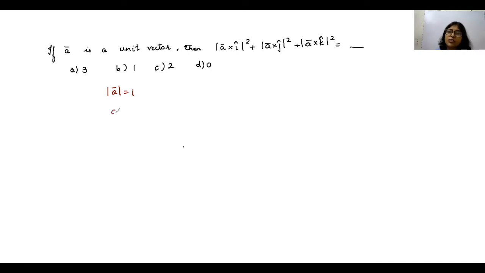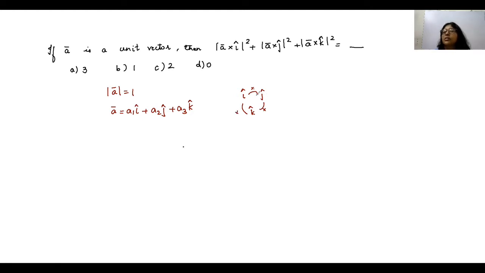So first of all, let us take vector A as A1 I cap plus A2 J cap plus A3 K cap. In order to find this, let's go with the cyclic order of the vectors, that is I cross J is K cap, J cross K is I cap and K cross I is whatever remains, J cap.